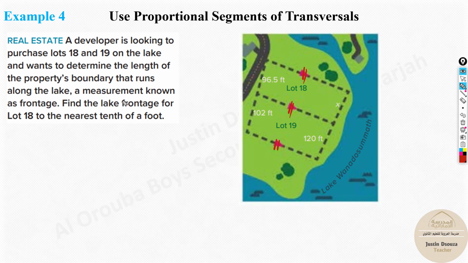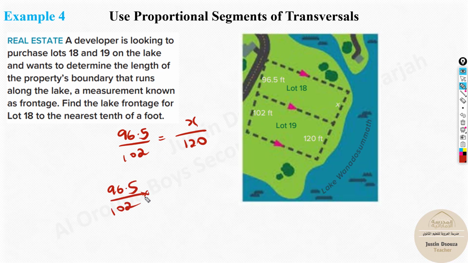So what about this? If you take, for example, 96.5, you can divide by 102. That must be equal to, 96.5 was first, so this is x by 120. You can just put it in the calculator and solve. It will be 96.5 divided by 102 into 120.